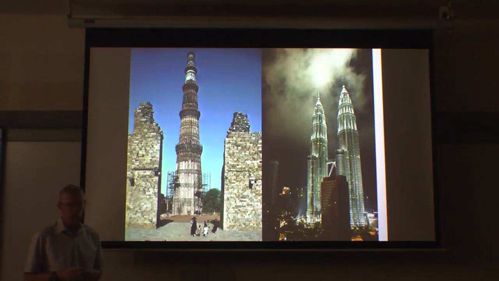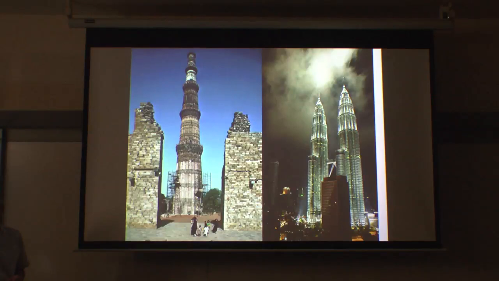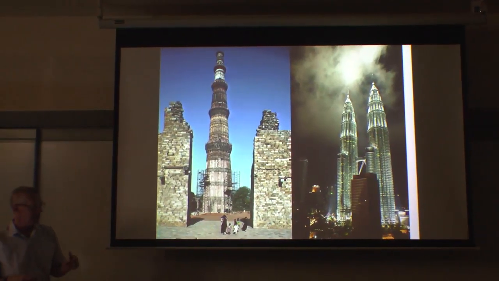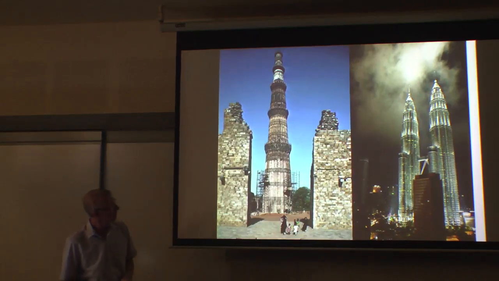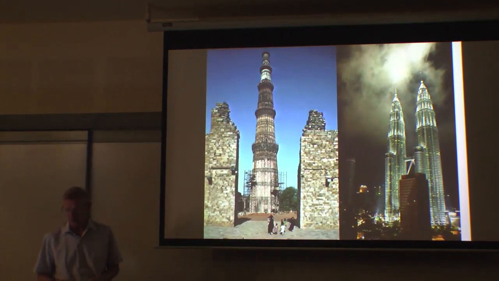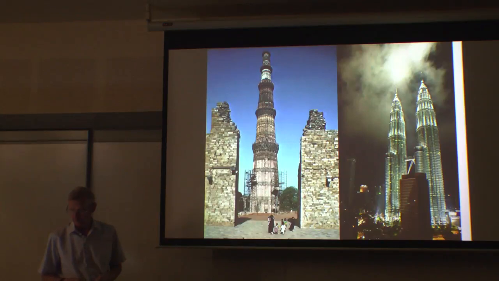The Malaysian government wanted to be seen as modern and effective, just as the Delhi Sultanate did in building this as part of the Quwat al-Islam Mosque. So it may be more than just a coincidence that Cesar Pelli based his design on that earlier building.